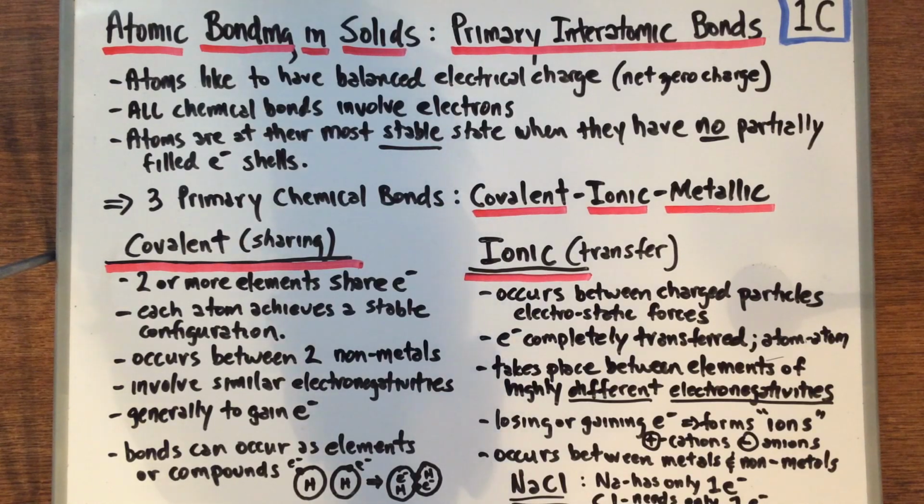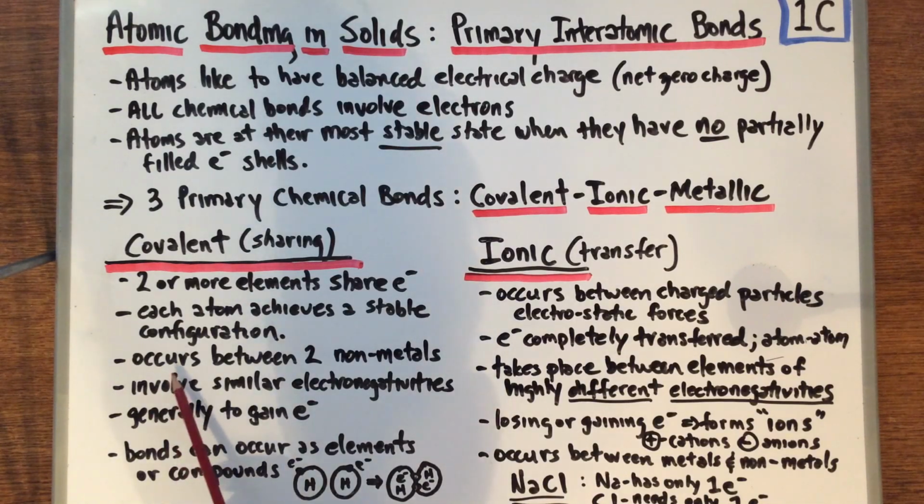So it's when two or more elements share electrons, and each atom achieves a stable configuration, kind of like what I've shown down here with two hydrogen atoms. Of course, they only have one shell, that one s shell, but it takes two electrons, and they only have one. So when you combine the two, they stabilize by sharing each other's electron to make them both stable. So that's an example of a covalent bond.